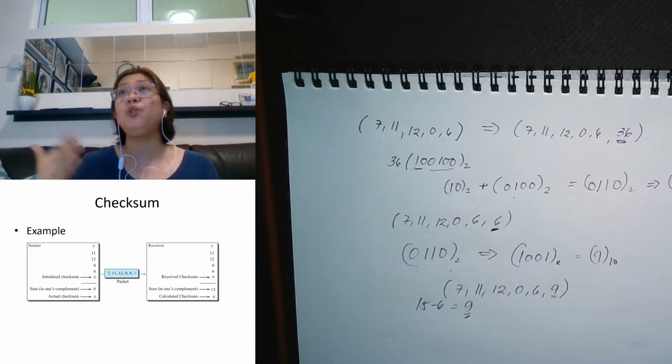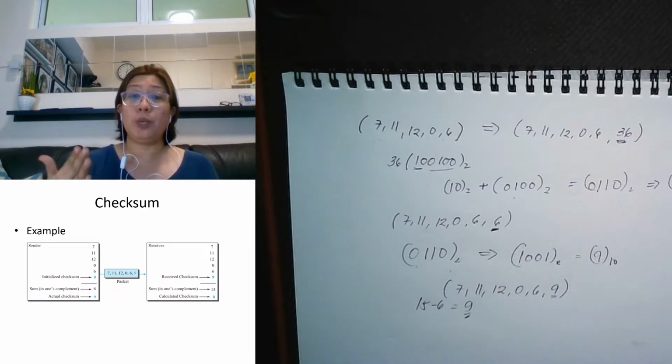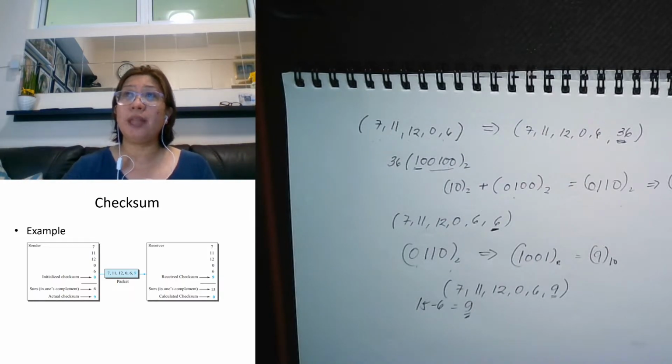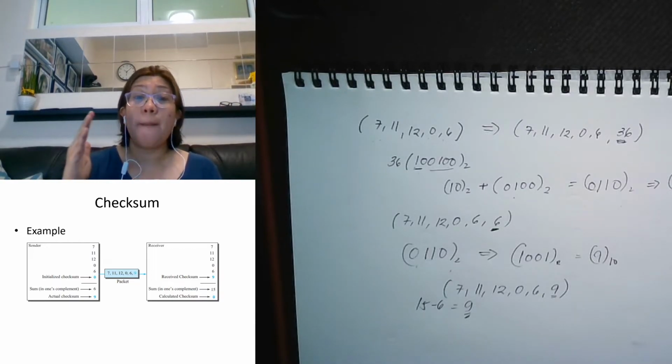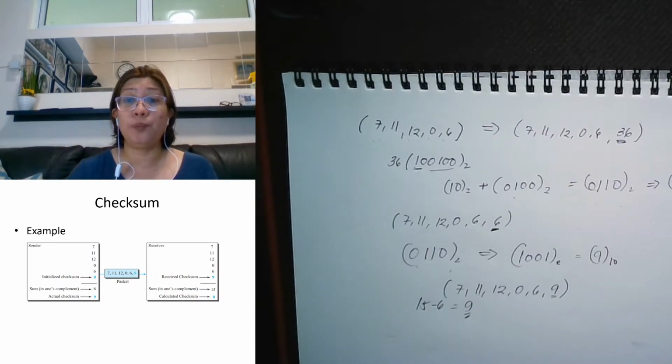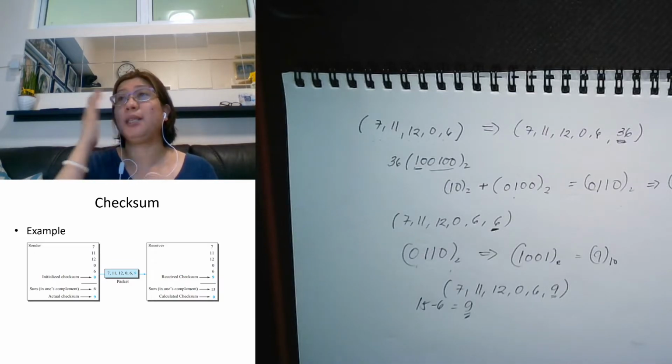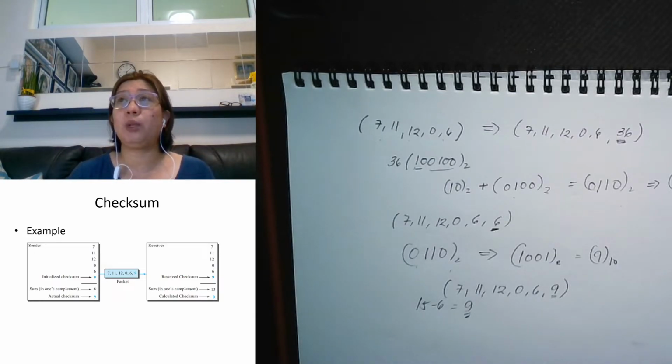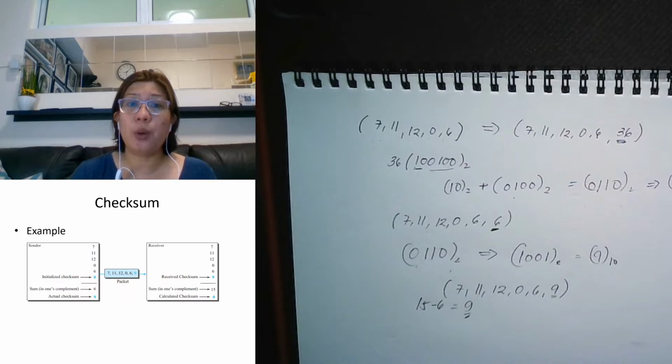Then we send it together with the data. At the receiver end, the sum in one's complement must be equivalent to 15. Always remember that 15 minus 6 will be equal to 9. In this case, the calculated checksum is equal to 0. If it is equal to 0, that means there is no error in the information or in the message.